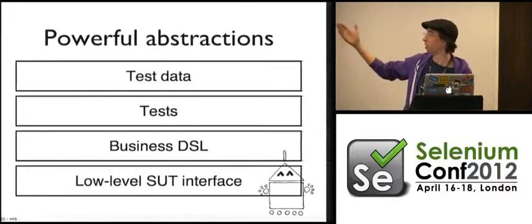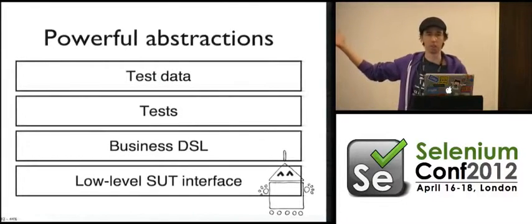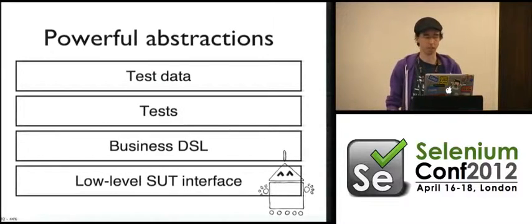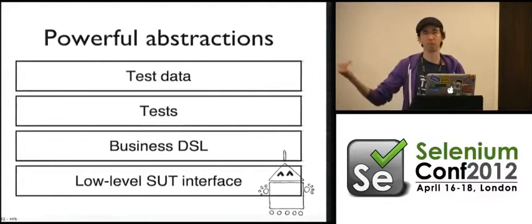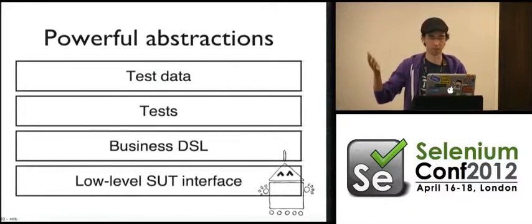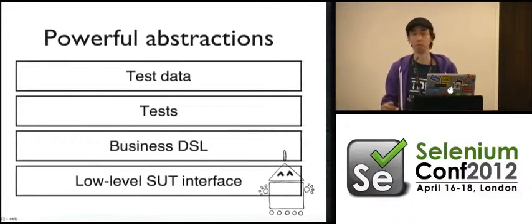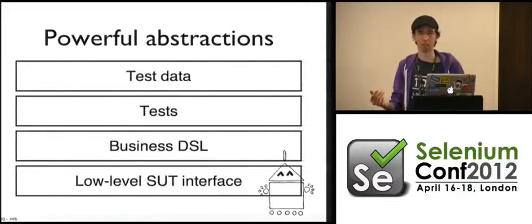For example, you have the developers write the low-level interface to the software under test, and on top of that you have a descriptive, semantical, domain-specific language that describes your software, kind of like maybe page objects even fit in there. On top of that, you build the tests, and then you can optionally fill the tests with test data, so they get executed over and over.